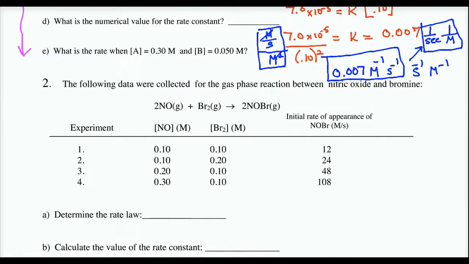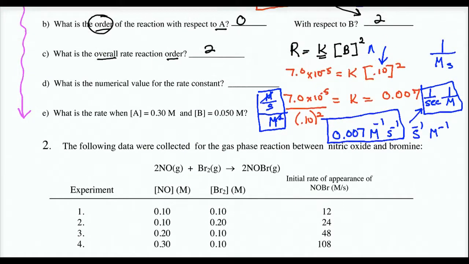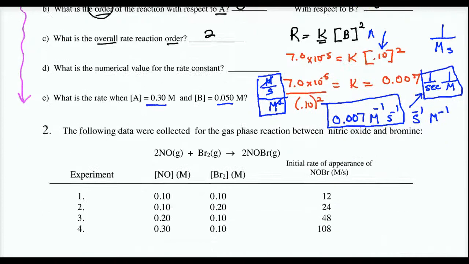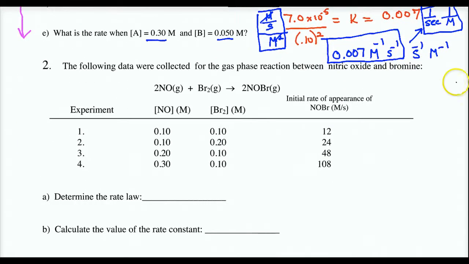Now the last question, and really a powerful question, what is the rate when A equals this and B equals that? You notice these aren't the values in the experiment at all. These are arbitrary values, but they're not that arbitrary. Once I have the k, guys, once I have everything I need for my rate constant, I can solve for the rate. Think with me for a second.